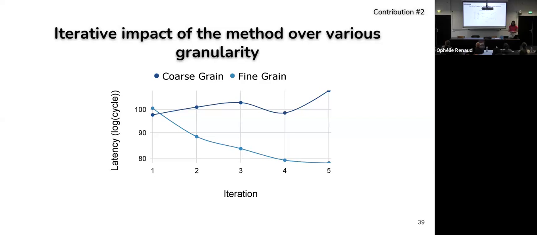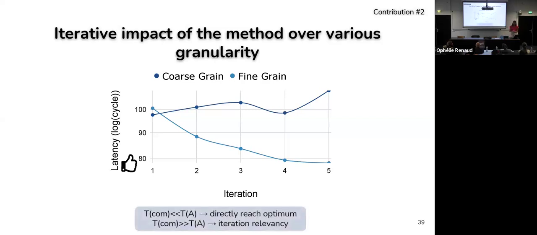And here, to analyze the iterative impact of the method on various granularities, the axis represents the latency according to the iteration of the method, comparing an application with a coarse granularity and a fine granularity. The lower the better. We define coarse granularity as an application where the time of communication is lower than the time of computation.